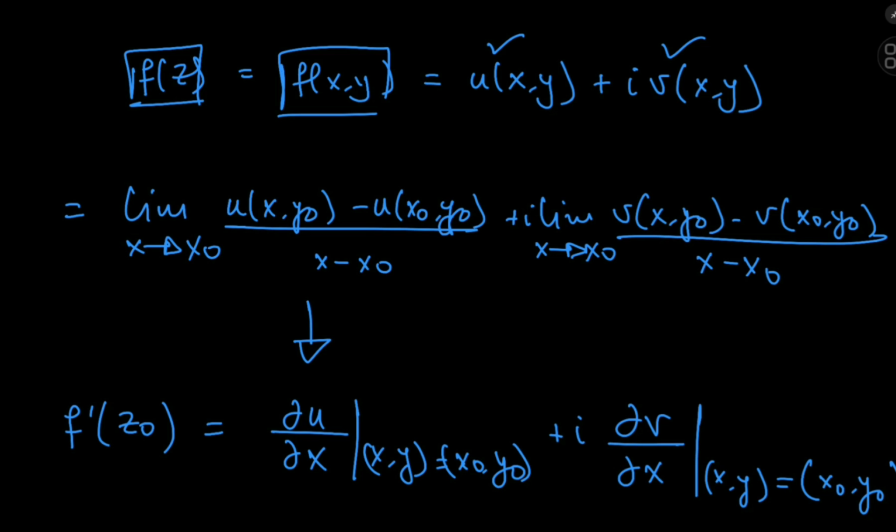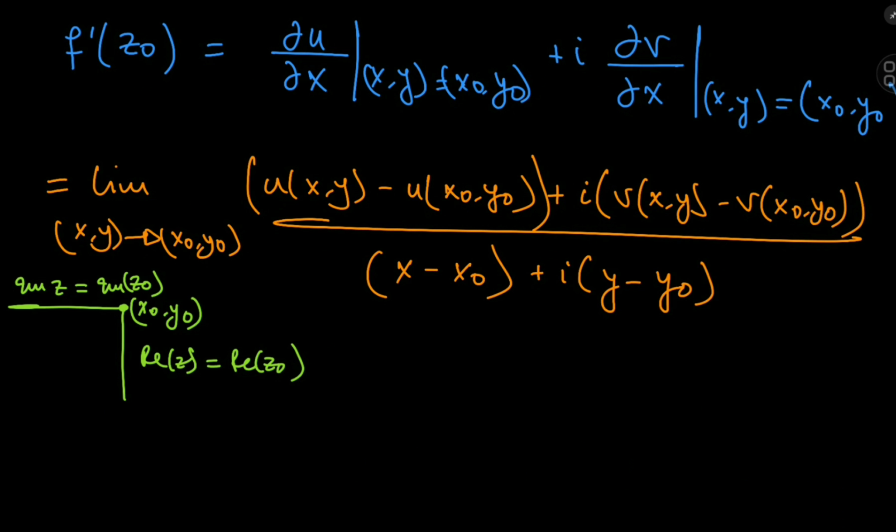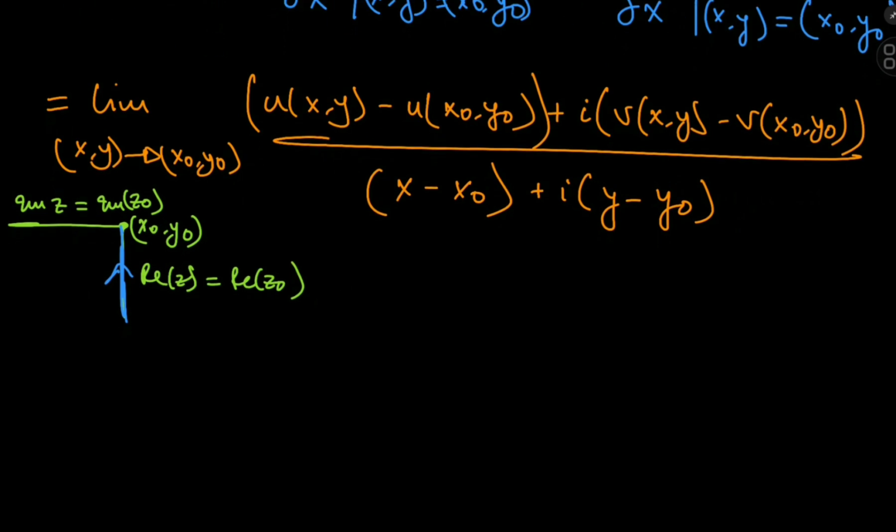And now for the other path, we're trying to evaluate the limit along this vertical path. That is, the real parts of z and z naught are equal as we traverse this path. So what does that mean for us?